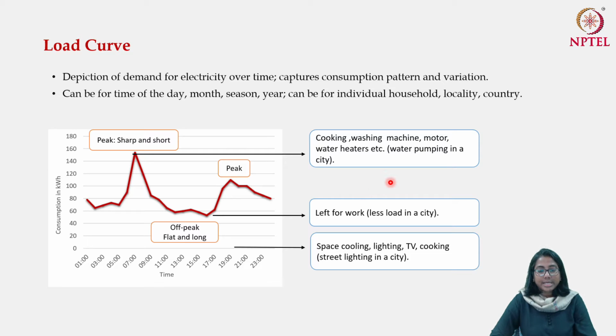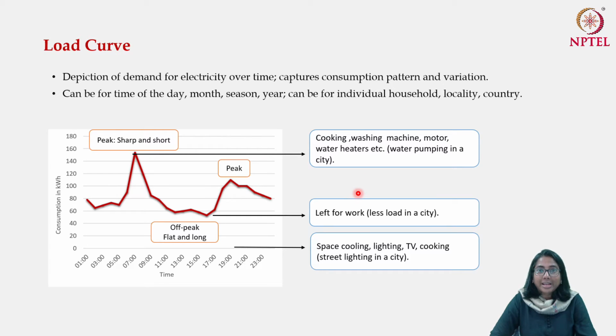Now let us try to understand this. This can be the explanation for peak and off-peak period for a particular household, but what can be the explanation for the peak and off-peak period for a particular locality, for example, the municipality corporation? This is something we had discussed in the previous lecture. So you see that during the morning period, the municipality corporation may actually experience a hike in demand for electricity for various activities, one dominating activity being the water pumping in the city.